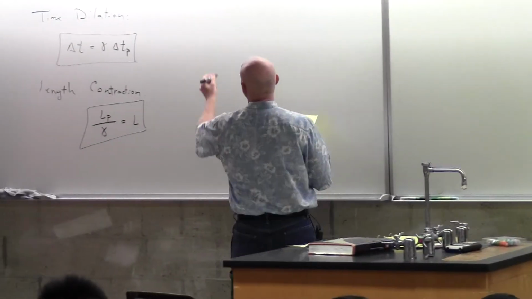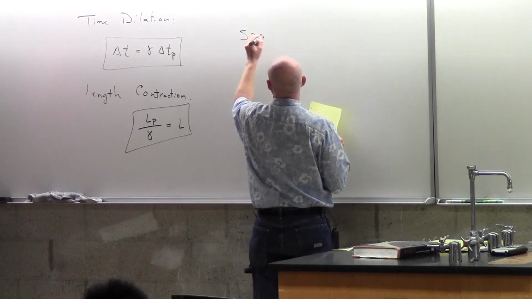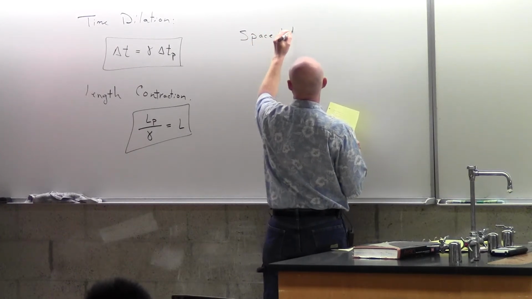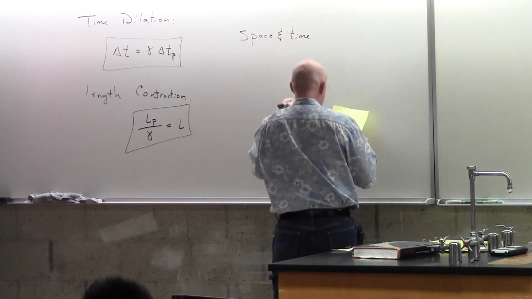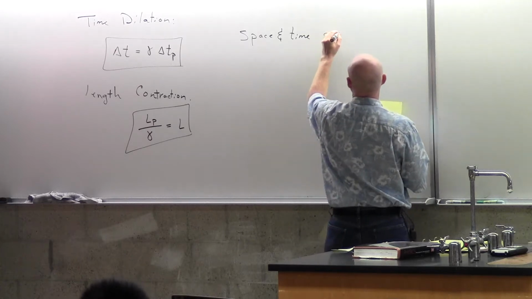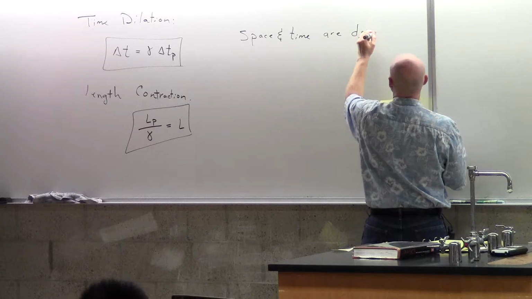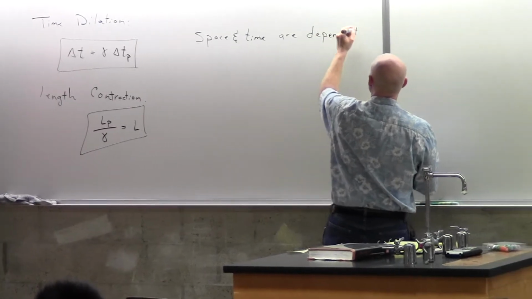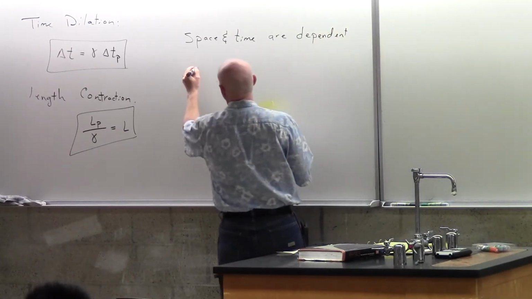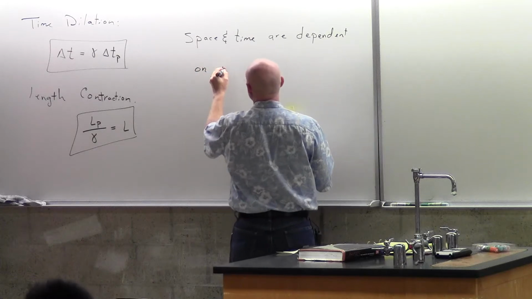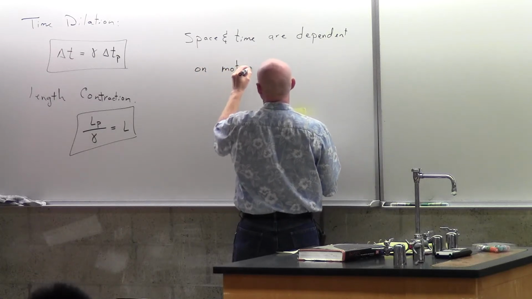And the point we learned last time is that both space and time are not absolutes. They are dependent on motion.